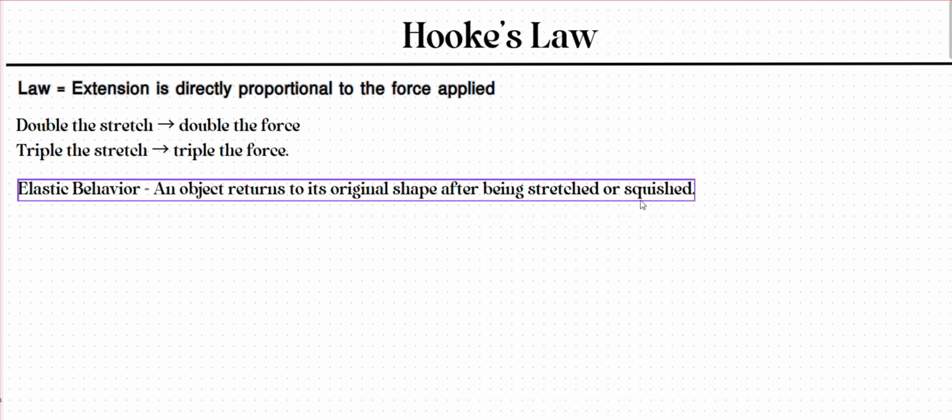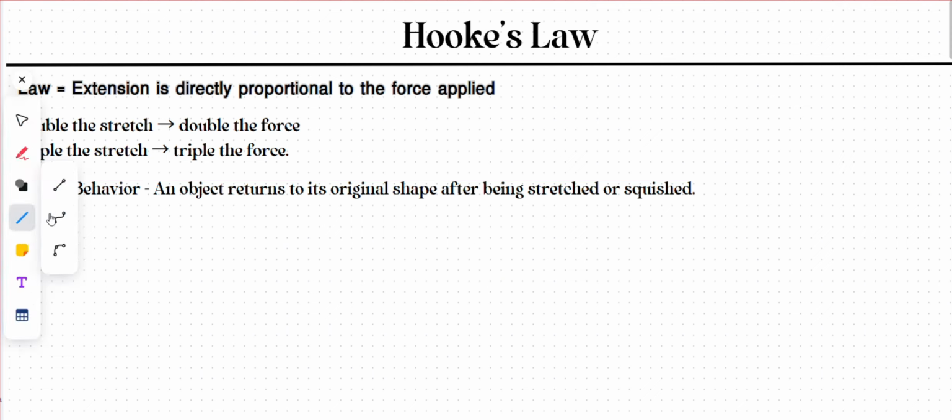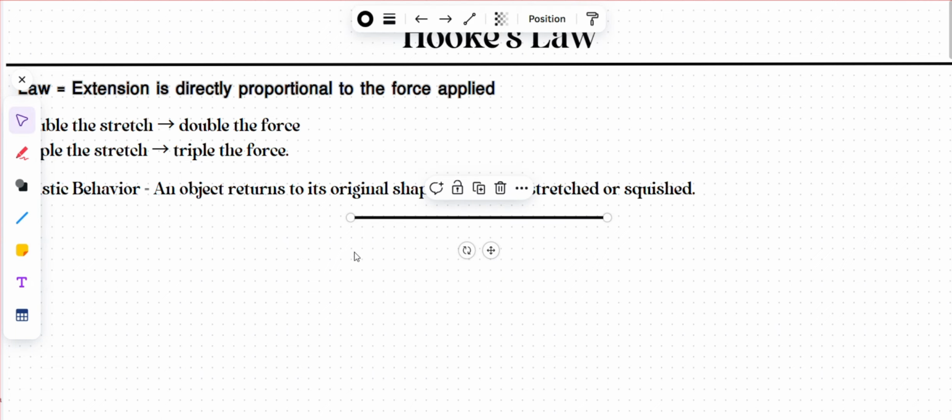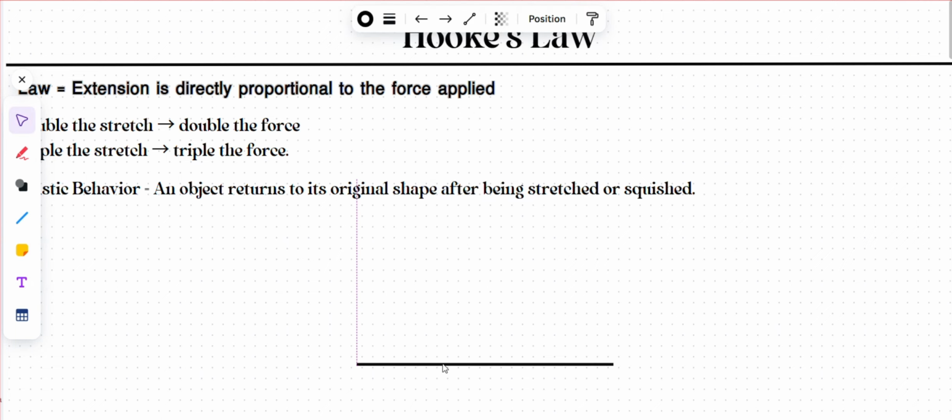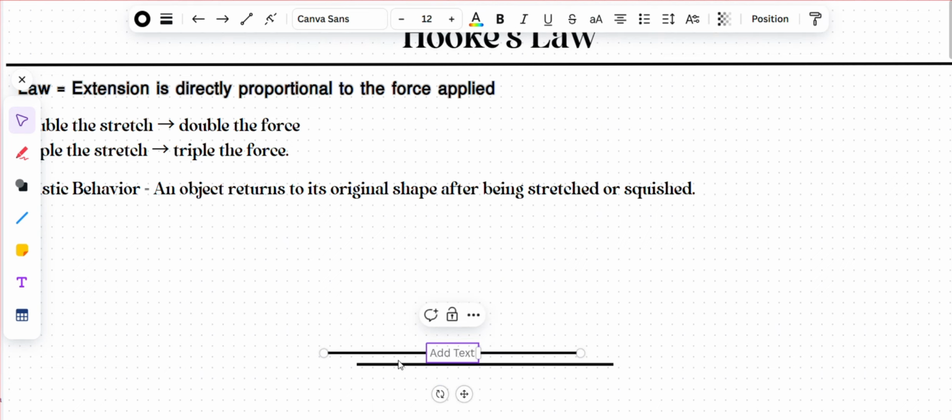And lastly, what they might ask you in the exam is for you to draw a graph of Hooke's law. And what is that graph? Let me show you. Firstly, draw two lines like this. One line should be vertical and one line should be horizontal.